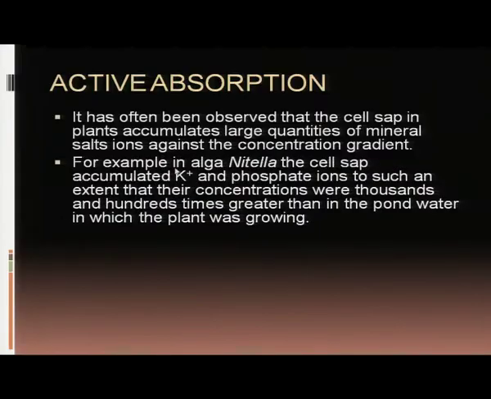At that time, active transport will be used. The example that we take here is of the alga Nitella, and the cell sap of Nitella accumulates potassium ions and phosphate ions to such an extent that their concentrations were thousands and hundreds of times greater than in the pond water in which the plant was growing.